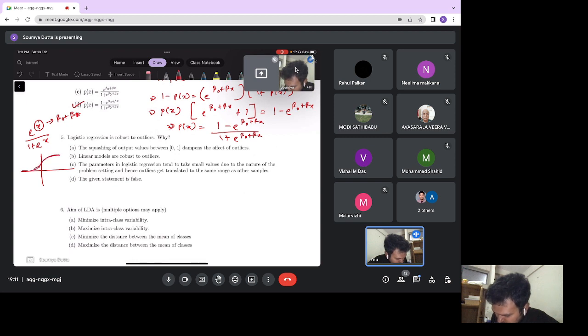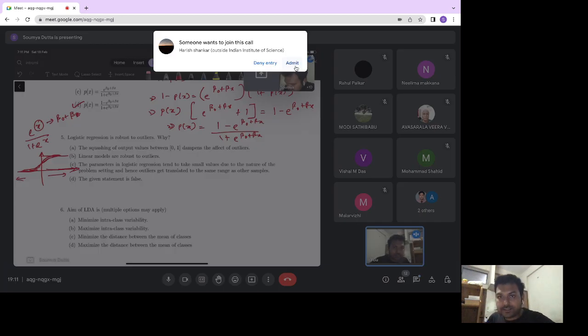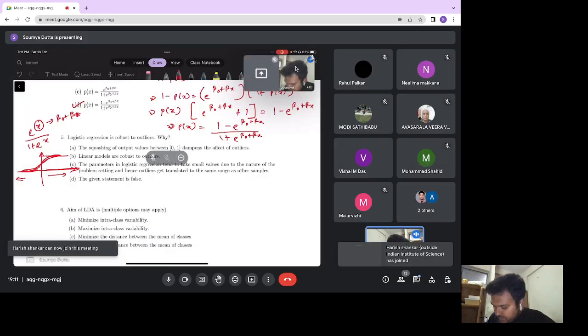So you see that it looks like this. So even if x goes very high, suppose x is growing very high on the right side of the x-axis, and x is going very low on the left-hand side of the x-axis, because of the saturation property of softmax, it will not be affected by all these outliers.